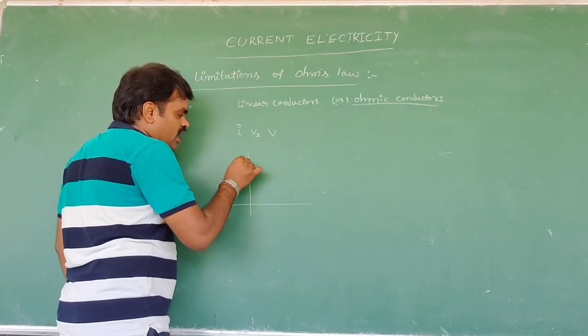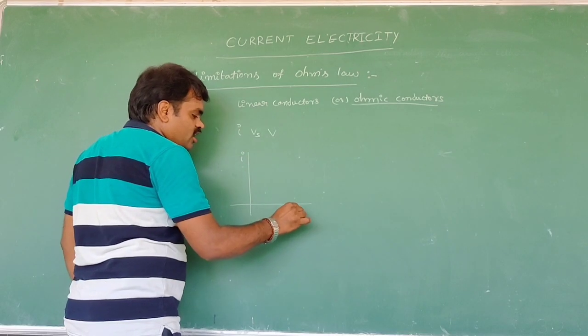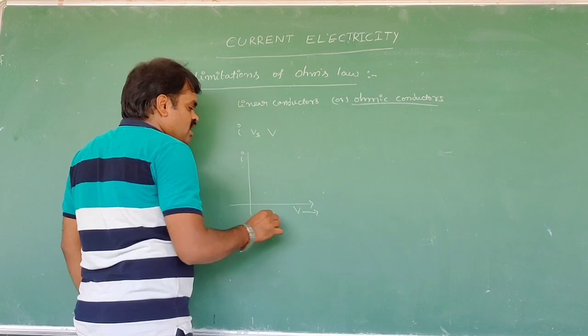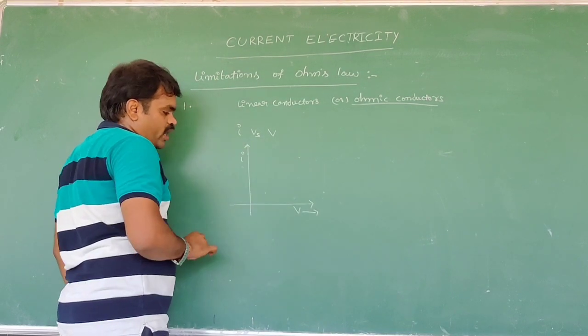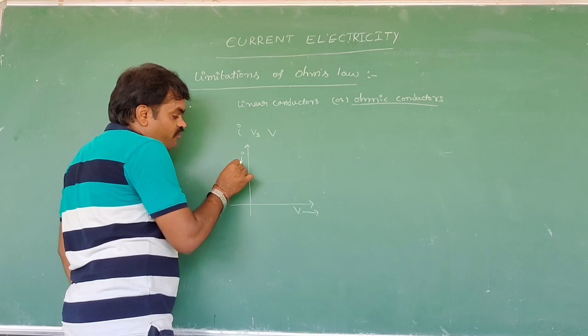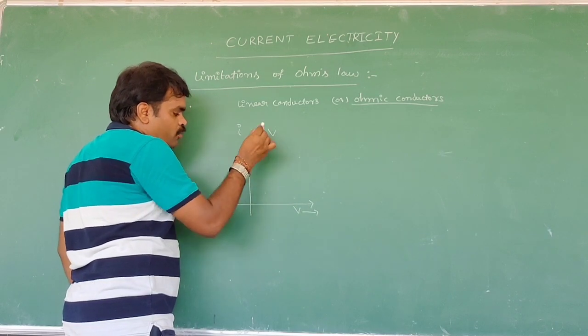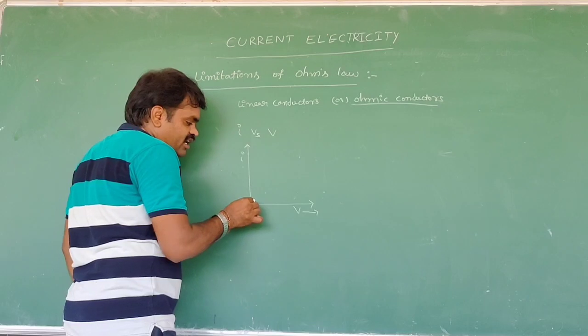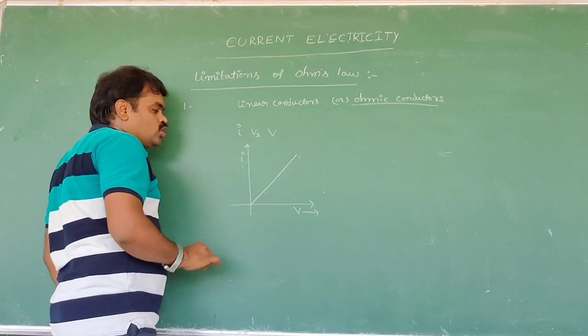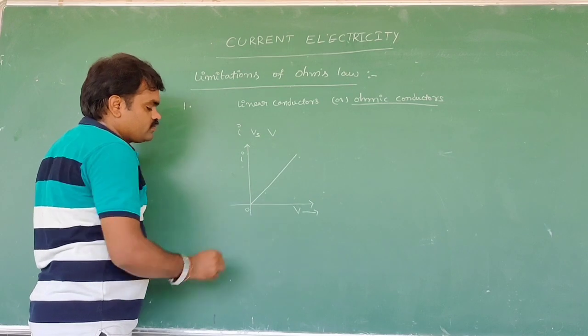Now here potential is on the x-axis, current on the y-axis. Then for linear conductors, the graph between current and the potential difference across the conductor is a straight line which is passing through the origin.